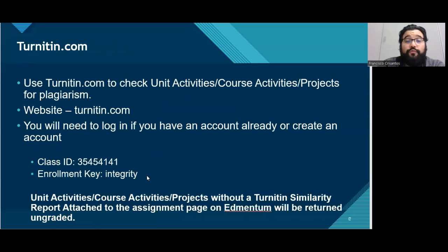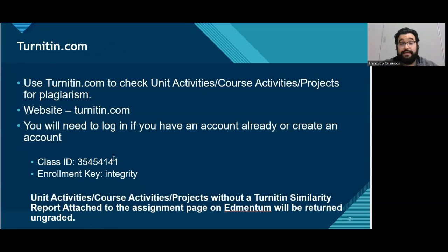As mentioned earlier, we'll be using Turnitin.com to check for plagiarism in the unit activities, course activities, or projects. And it could actually end up being used by the aides or myself to check the validity of some other assignments that you may not have had to submit for plagiarism. The class ID is right here. Again, it's in the bottom of the first page under projects.